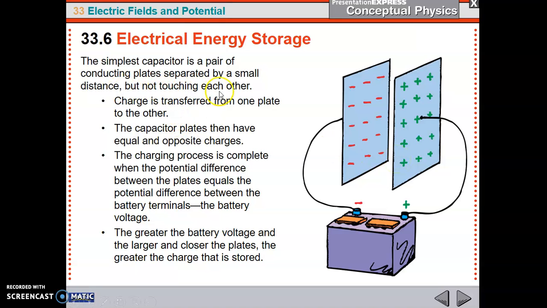So the key is it's not touching one another. The charge is transferred from one plate to the other, and the capacitor plates then have equal and opposite charge. So if you have the negative going there and the positive going there, these plates are attracting charges, so they pile up because they're attracting each other.